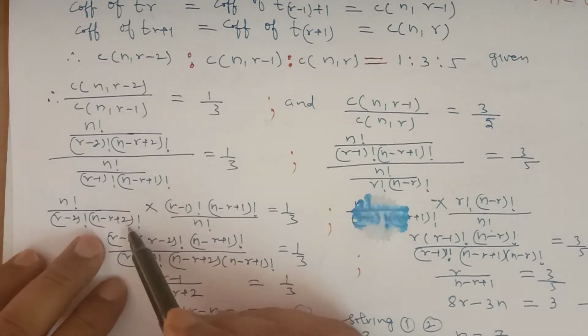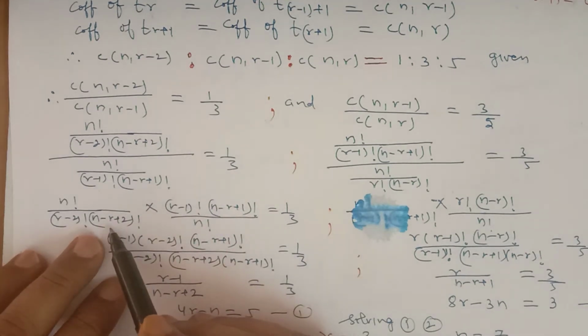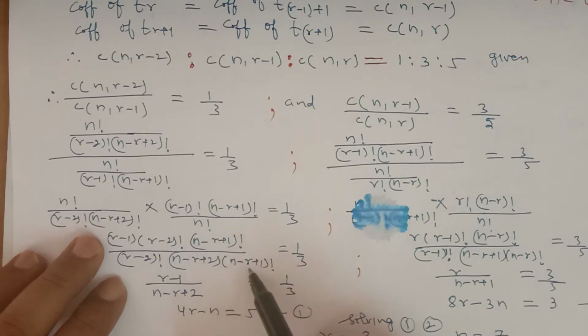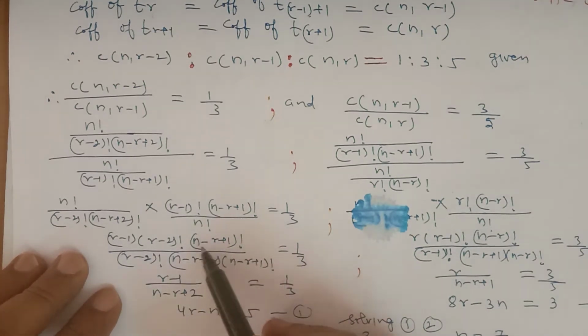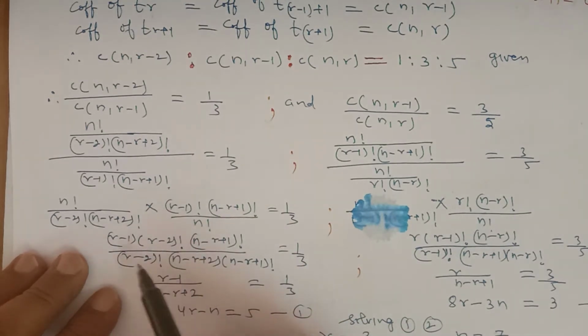For n-r+2 and n-r+1, n-r+2 is greater, so you write (n-r+2)(n-r+1)!, which will cancel out. So I am getting (r-1)/(n-r+2) equal to 1 upon 3.